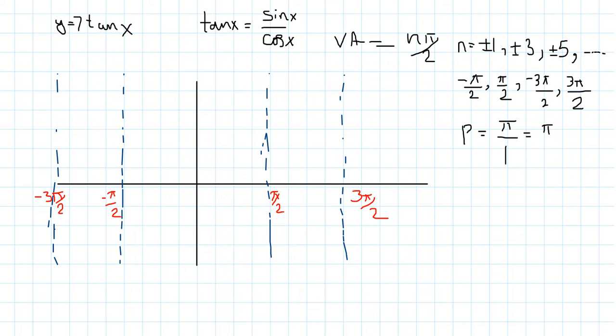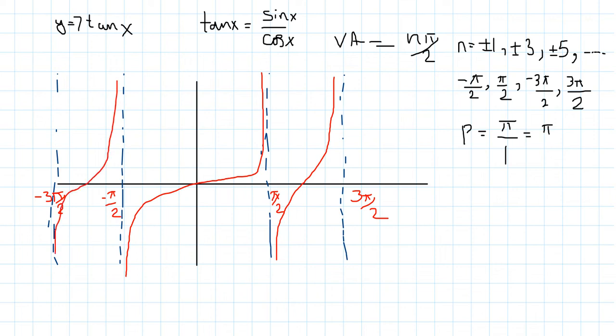So I can draw it easily. This is the shape of 7 tan x. Now I want to solve another example.